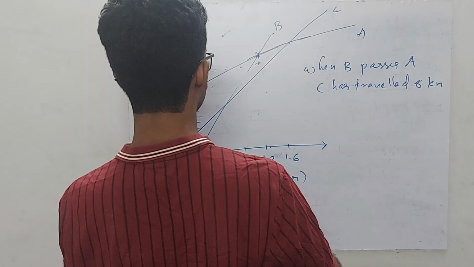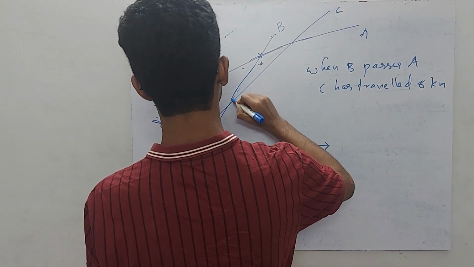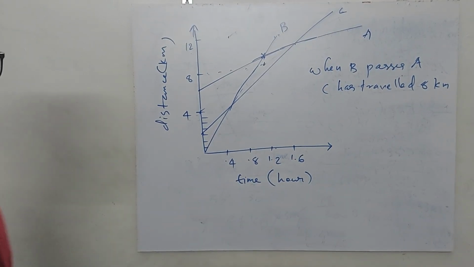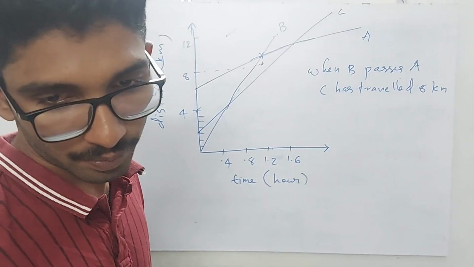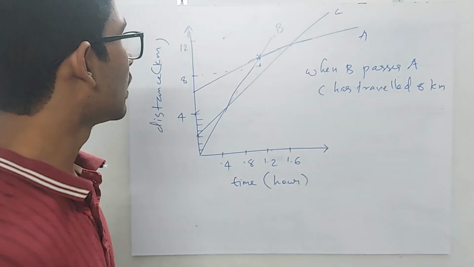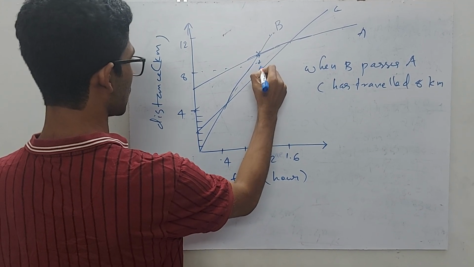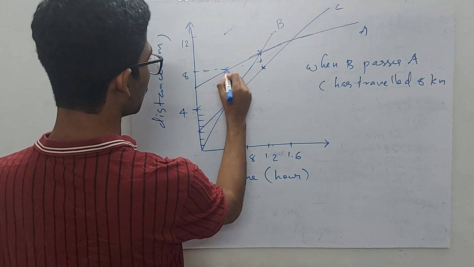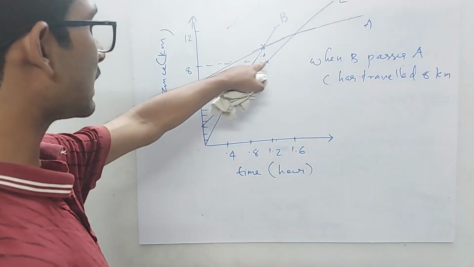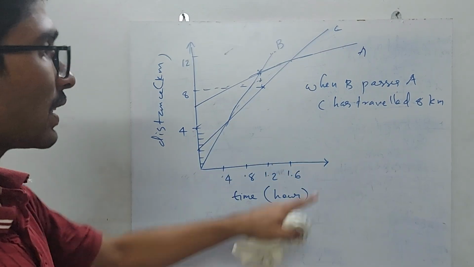That is A, and this is B. So C is actually starting from here. Anyway, this is the position. Correspondingly, this position is almost parallel to 8. So C has reached the point 8, like at 8 kilometers, when B has passed A.